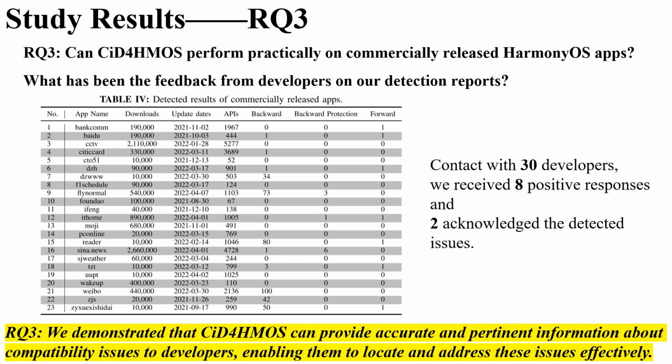We received 8 affirmative responses, whereas 20 developers either did not reply or informed us that their projects were no longer maintained. 2 developers acknowledged our findings but did not take steps to address the identified issues. We demonstrated that CiD4HMOS can provide accurate and practical information about compatibility issues to developers, enabling them to locate and address these issues effectively.